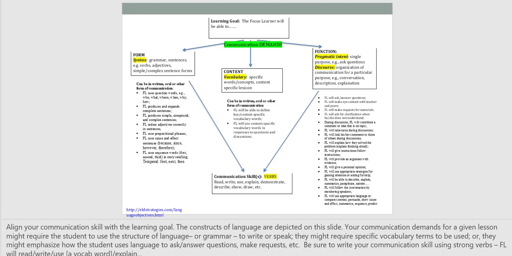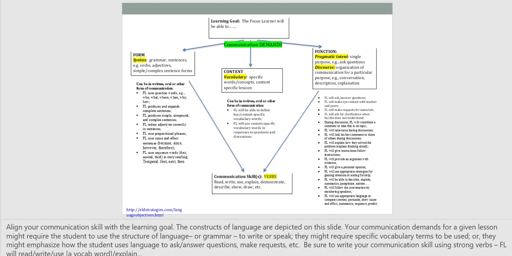Demands for a given lesson might require that the student use what they know about the structure of language or grammar to write or speak. They might require the student to use specific vocabulary terms. They might emphasize how the student uses language to do things like ask and answer questions or make requests.